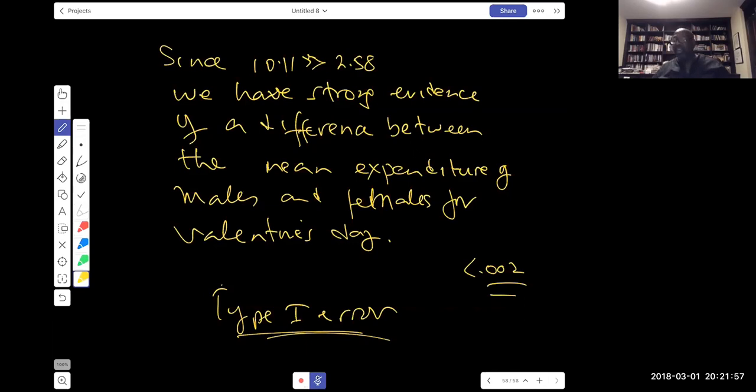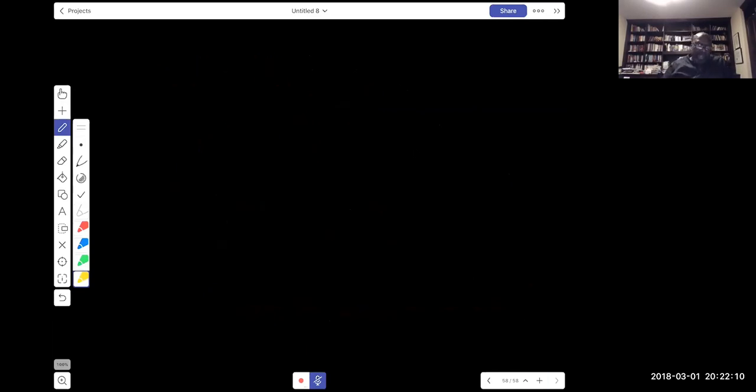In that case, the population standard deviations would not be known. We only have sample standard deviations. We now have to go to T. So let's just look at that. Let us assume that S1 is 35 and S2, or I should say S men and S women.